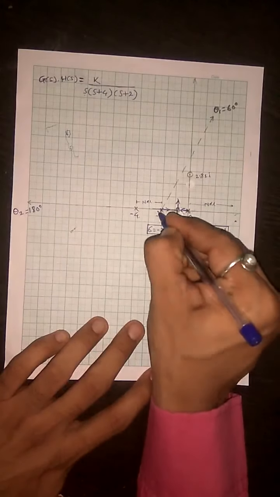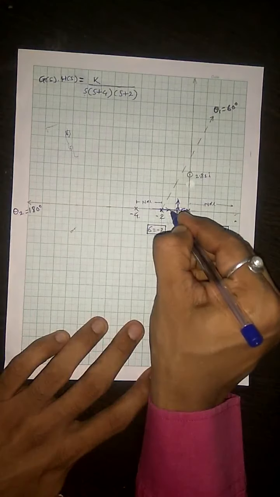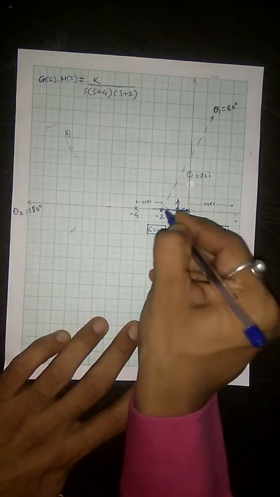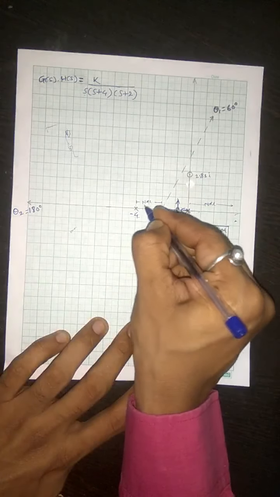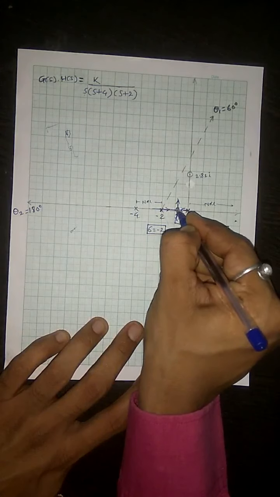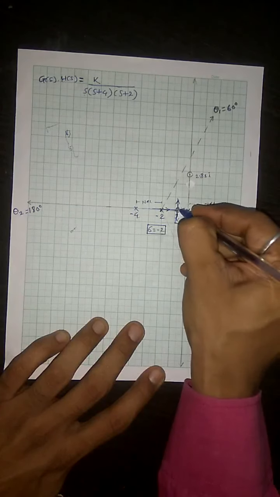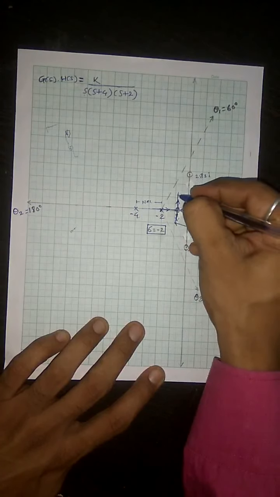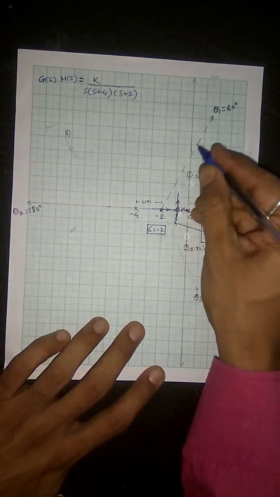So first pole, second pole, first root locus, second root locus. This can't travel in this direction because of NRL. Again this can't travel in this direction because of NRL. So they are approaching towards each other, will collide here at a breakaway point, will split up vertically upward and downward, and they will follow your asymptote.